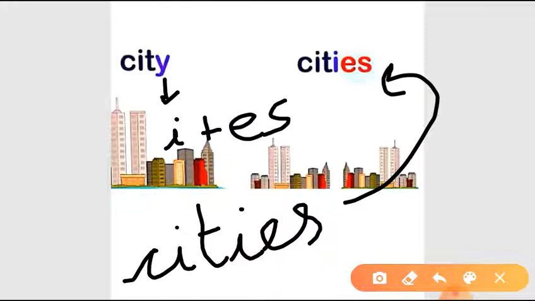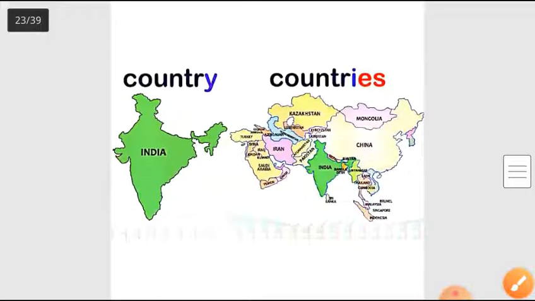So this is how we change the singular form into plural form for the words which end with y, and they should have a consonant along with it. Y should have a consonant along with it, then only we can change the singular noun to the plural noun, like this.